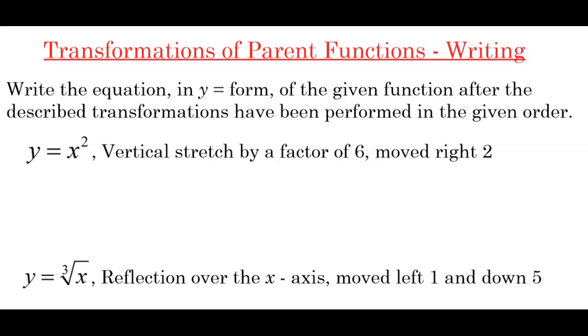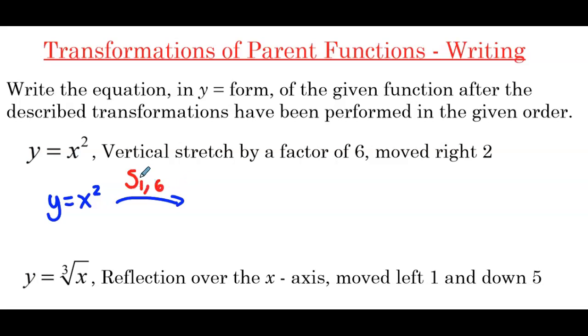Our first function is y equals x squared, and our transformations are a vertical stretch by a factor of 6, followed by a move right 2. So we're starting with y equals x squared, and our first transformation is a vertical stretch by a factor of 6. That's a scaling, and if we're vertically stretching, we're multiplying the y values by 6, and x by nothing, so 1, 6 is our scale factor.